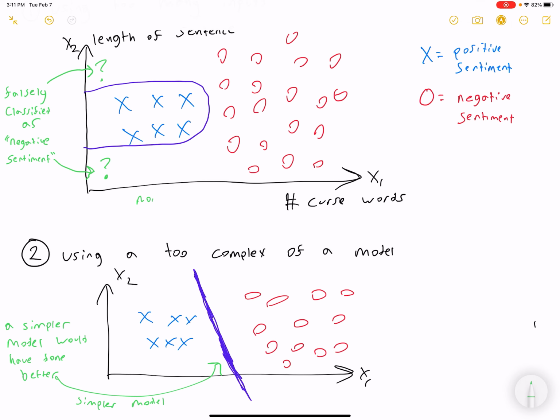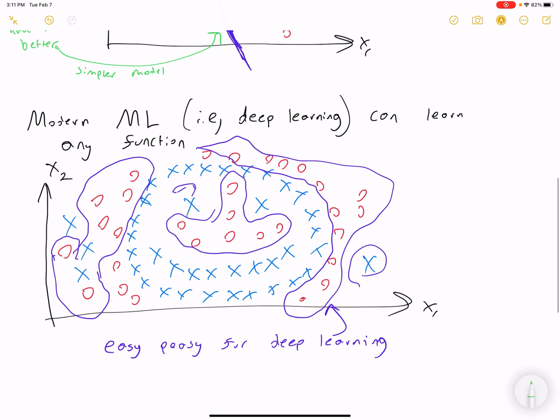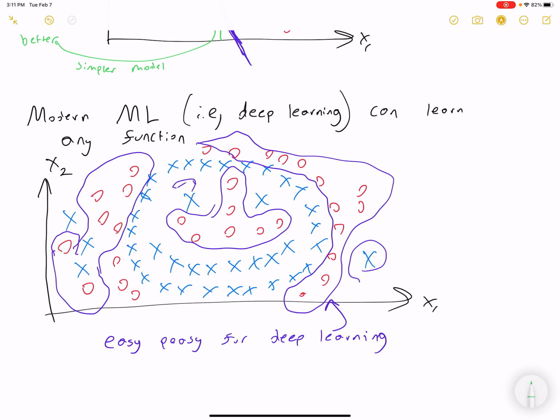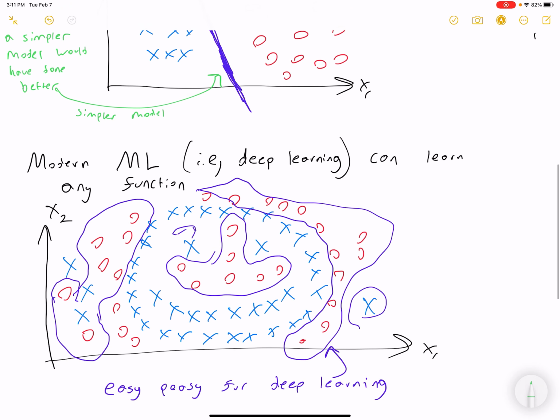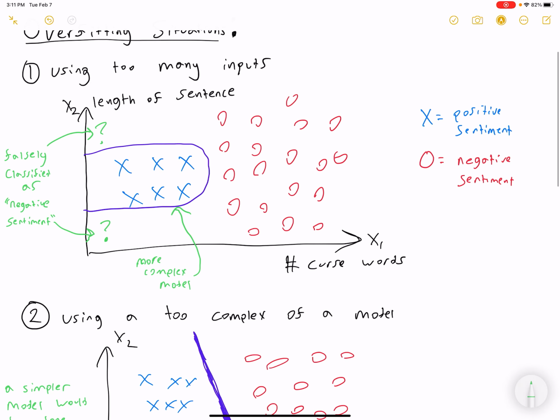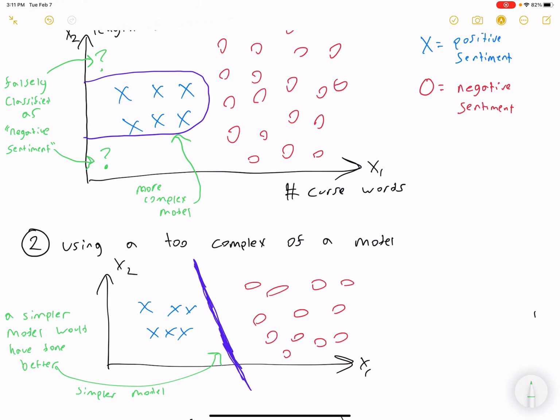Let's say more complex model. So regularization is one tool that we have in our toolkit to automatically simplify a model. So it's not learning a complex decision boundary like that, and rather learning a simpler boundary like that.